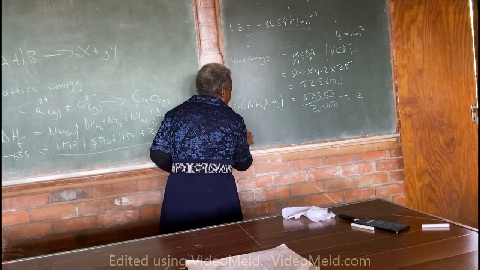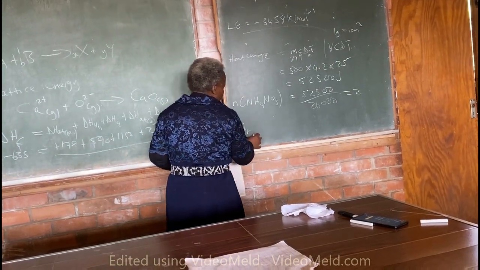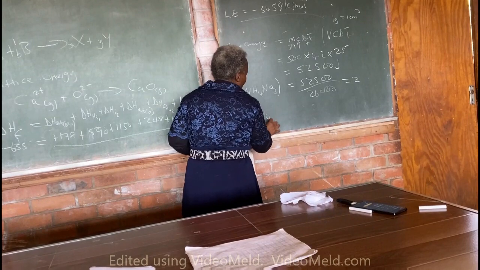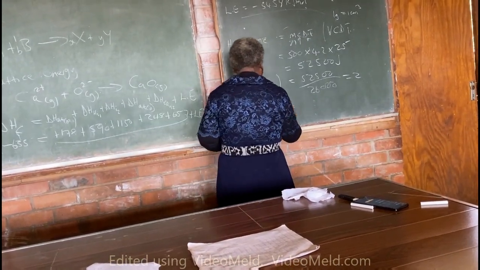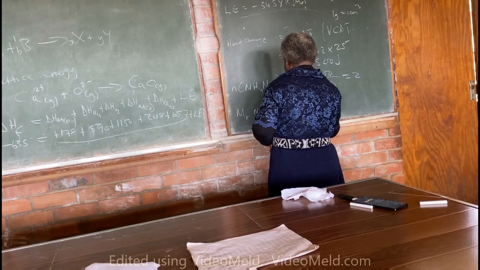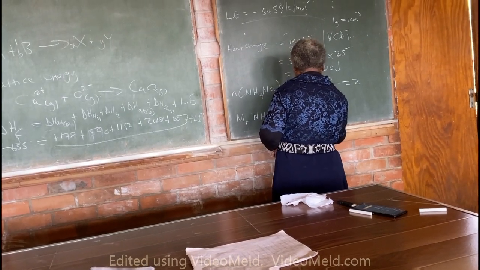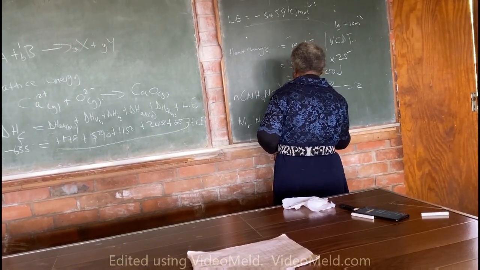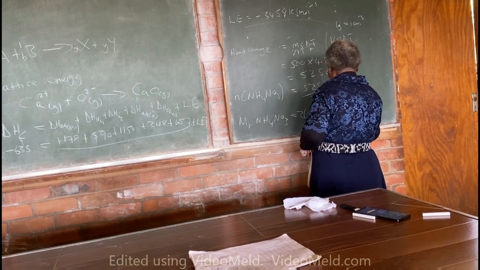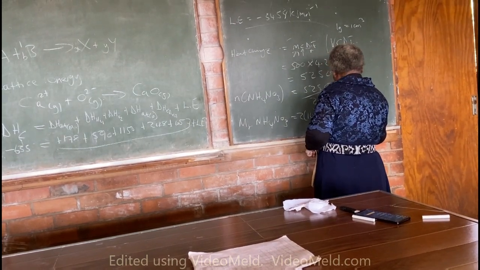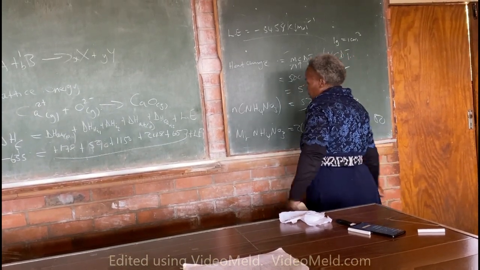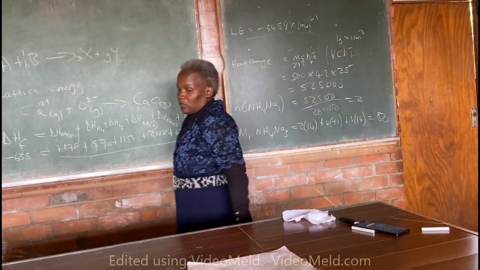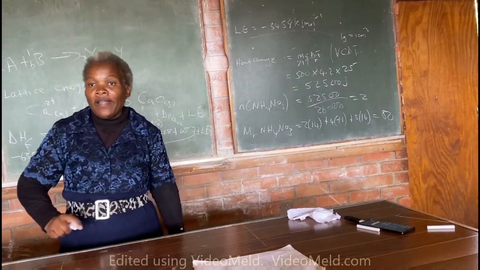So let's find the Mr for ammonium nitrate so that at the end we can determine the mass. Nitrogen, 2 moles of nitrogen, 14 times 2, plus 4 moles of hydrogen, 1 times 4, plus 3 moles of oxygen, 16 times 3, and this should give me a total of 80. That is the mass for 1 mole.